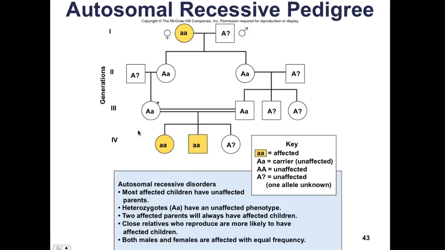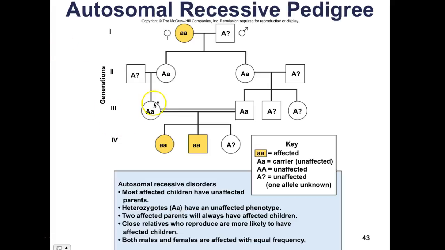Most affected children have unaffected parents. Heterozygotes have an unaffected phenotype. Two affected parents will always have affected children because they're always passing on that recessive allele. Close relatives who reproduce are more likely to have affected children. Both males and females are affected with equal frequency.